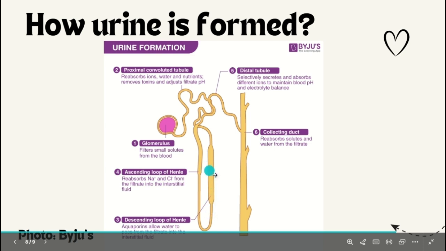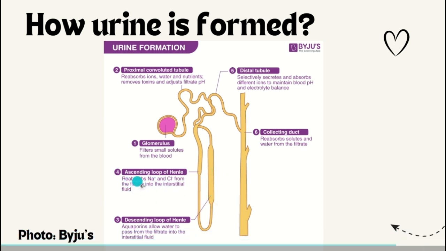So the descending loop of Henle, and basically aquaporins allow water to pass from the filtrate into the interstitial fluid, right? So that's going to happen, and then the ascending loop of Henle is going to reabsorb sodium and chloride from the filtrate into the interstitial fluid.